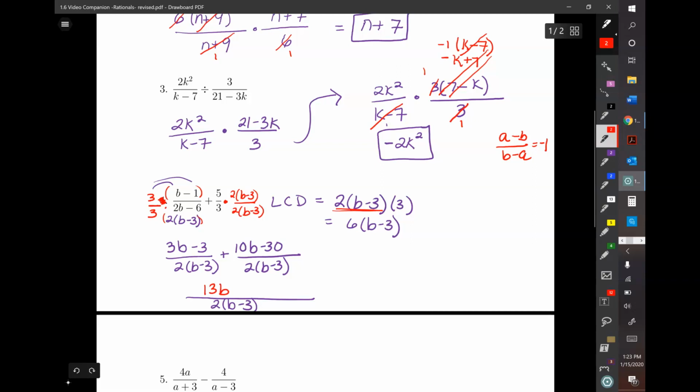And then minus 3 minus 30 is minus 33. And I can look to see if I have anything I could factor out. I don't. So that would just be my answer, 13b minus 33, all divided by 2 times quantity b minus 3. You could put it back to 2b minus 6. That would be fine also.